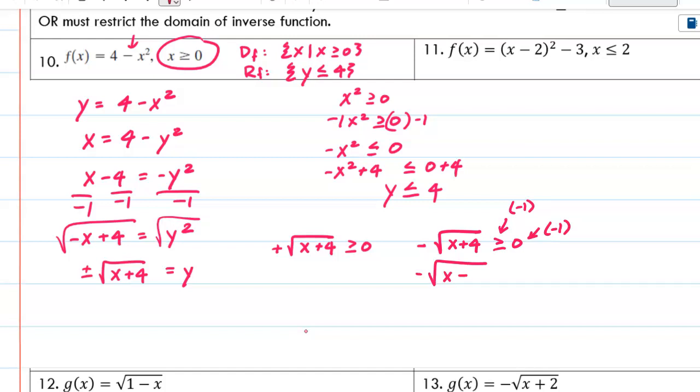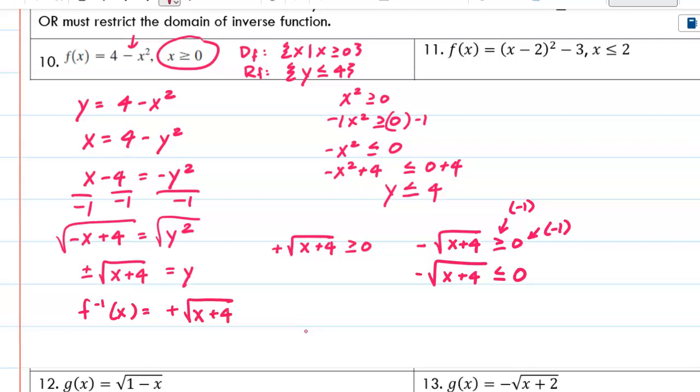So the negative portion is going to give me less than or equal to 0. And I need the range of the inverse function to be greater than or equal to 0. So I'm going to choose the positive. F inverse of x is going to be the positive square root of negative x plus 4.